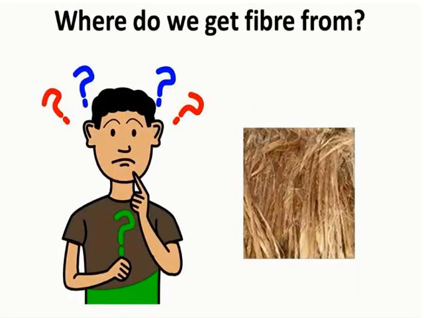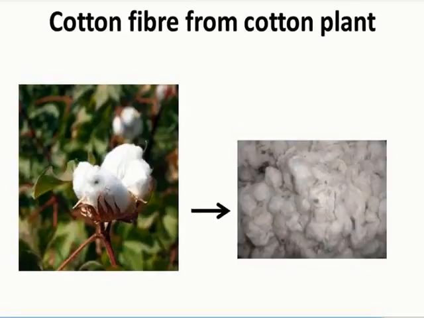Now the question is, where do we get the fibers from? We already know that we get cotton fiber from cotton plant, from the fruit of cotton plant exactly. Why do we call it fruit? Because it contains seeds.